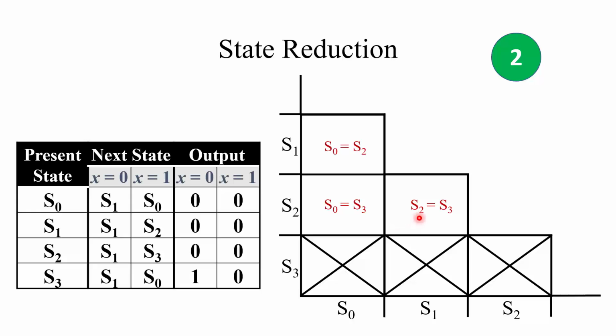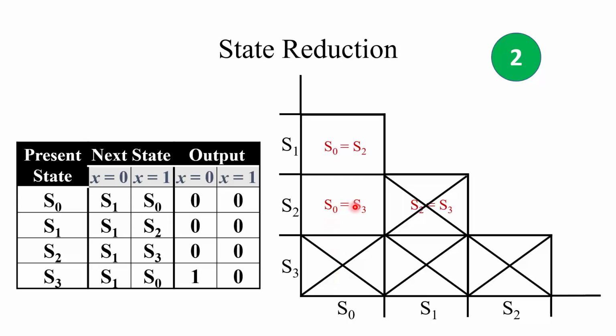Now coming on to the S2 equal to S3 condition. If we go to the box for S2 and S3, we've already crossed it out, meaning these two states cannot be equal, so this condition cannot hold, and therefore S1 and S2 cannot be equivalent states as well. The S0 equal to S3 condition we have already filled in here, and of course this condition does not hold.